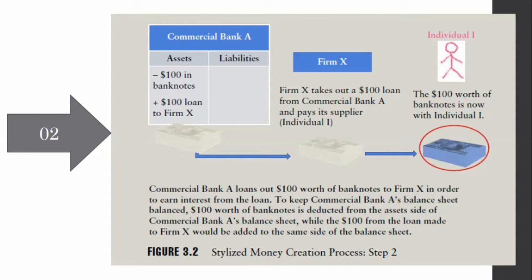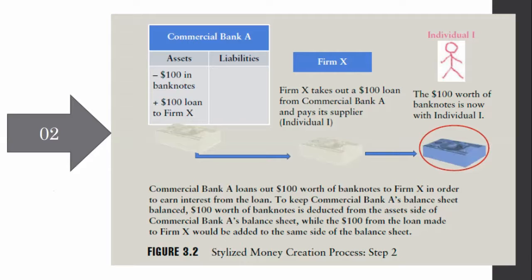So for this example, let's assume that this loan was issued to a firm called X. Now the X is borrowing money from the commercial bank A. Now what happened in the balance sheets of the commercial bank A, their bank notes, the asset which they had with them before will decrease by $100, and on the other hand they will have a new asset which is a debtor for the loan issued for the firm X. So they have $100 worth of asset with them, which is the debtors of the commercial bank A.